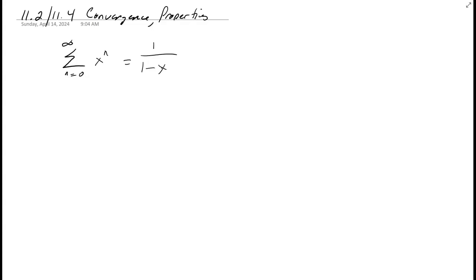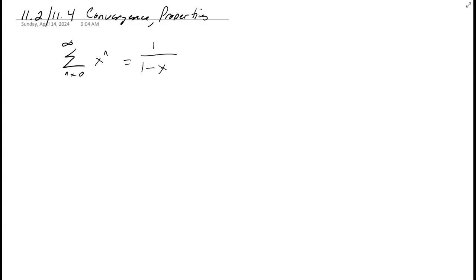And it did that wrapping around only between -1 and 1. That makes sense because we know in a geometric series, it only converges between -1 and 1.